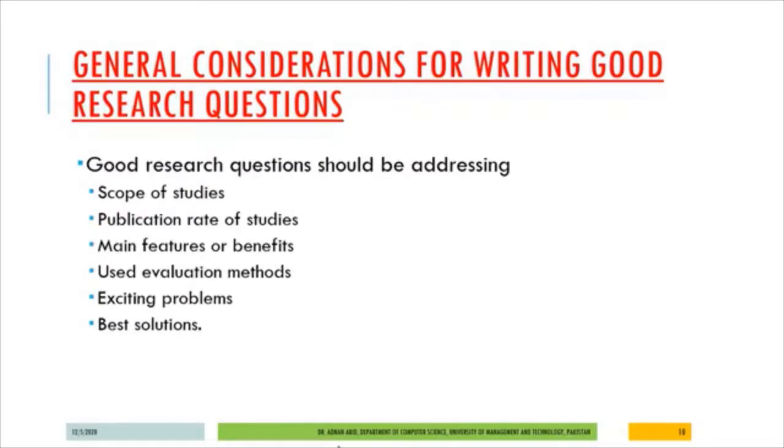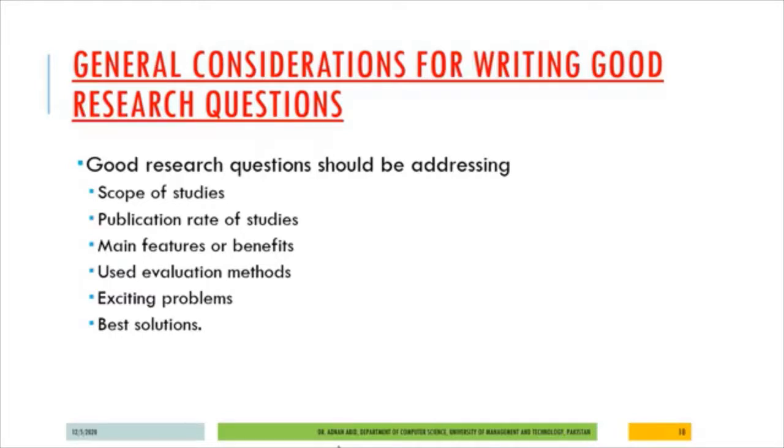We have to have the scope of the study, and the publication rating of the study, which is good quality research. How is it being published, at what rate, with what speed and with what magnitude, in good venues?